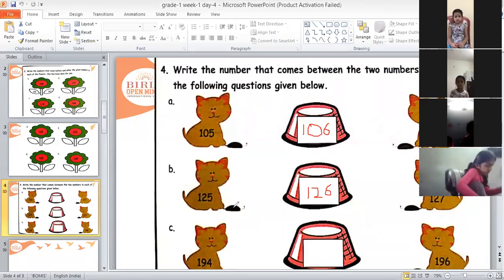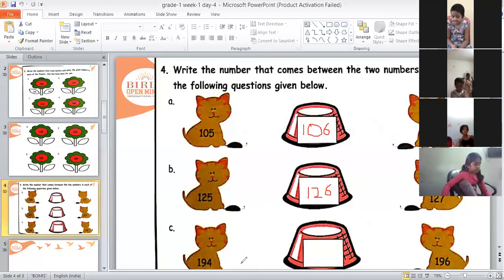Manha, you tell me answer for bit C. Okay, tell me what is the number in first cat? 195. That is the answer, but tell me what is the number written in the first cat in bit C?